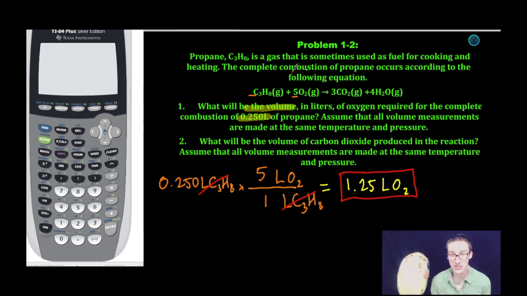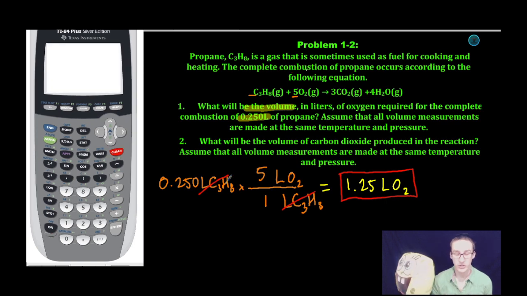Again, for gaseous reactants and products, when you're measuring their volumes at the same temperature and pressure, the coefficients in the balanced chemical equation provides you a volume ratio. Question 2. What will be the volume of carbon dioxide produced in the reaction? Again, assume that all volume measurements are made at the same temperature and pressure.